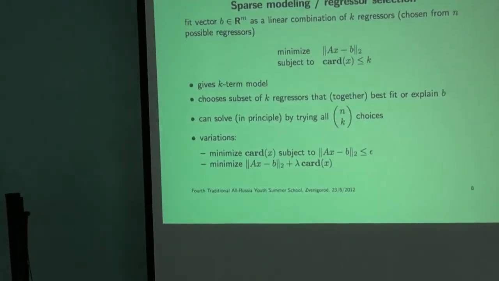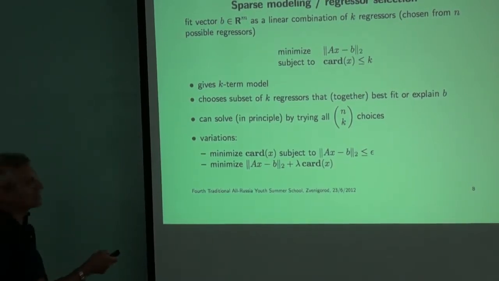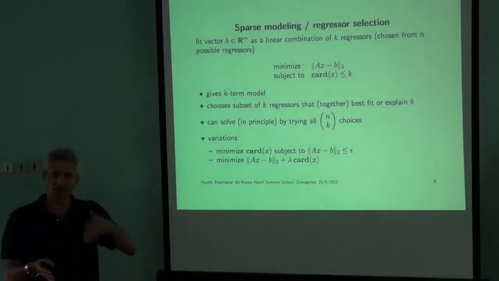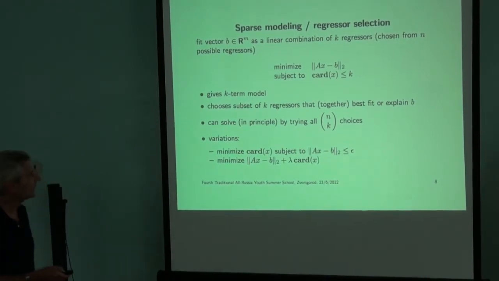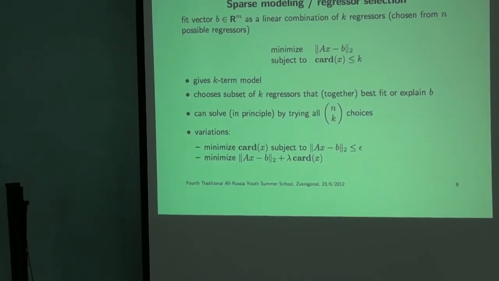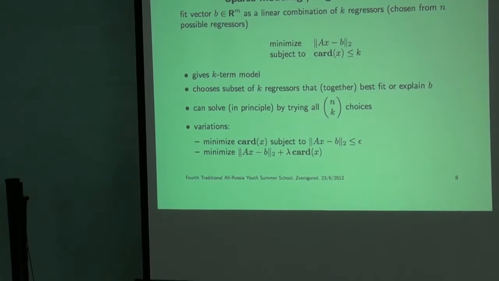All right. So here's a very famous one: regressor selection. If I minimize norm AX minus B, it says fit B with a linear combination of the columns of A. The columns of A are called regressors, and you just want to fit it this way. Of course, that's basically the oldest convex optimization problem there is. It's the most widely used one too.